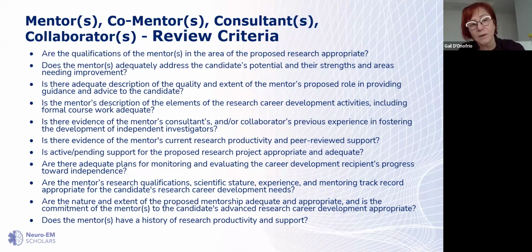I have done that with someone with a K at another institution, but it takes a lot of work in explaining how you're going to do that. So, not too many. There's a long list here about what you need to make sure that they are productive. Obviously they have papers, etc. Their qualifications need to be quite extensive to be a mentor.